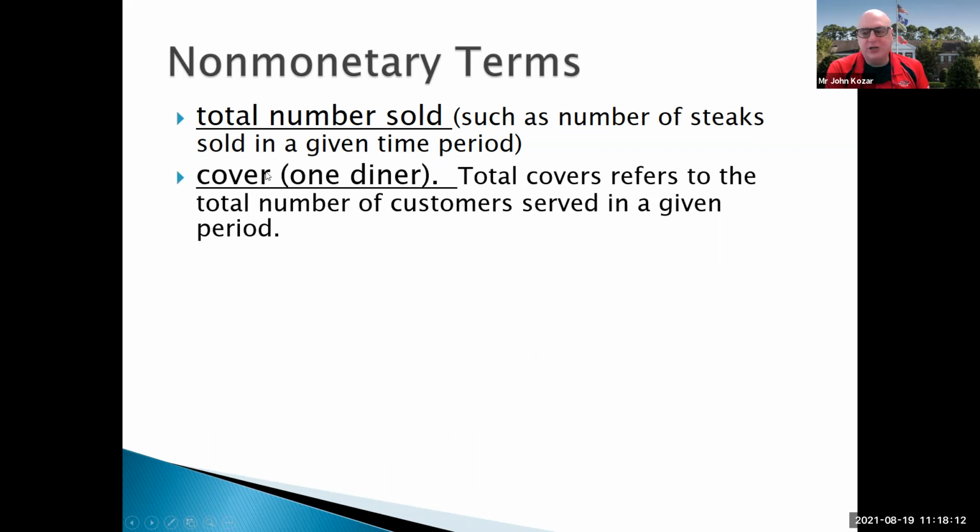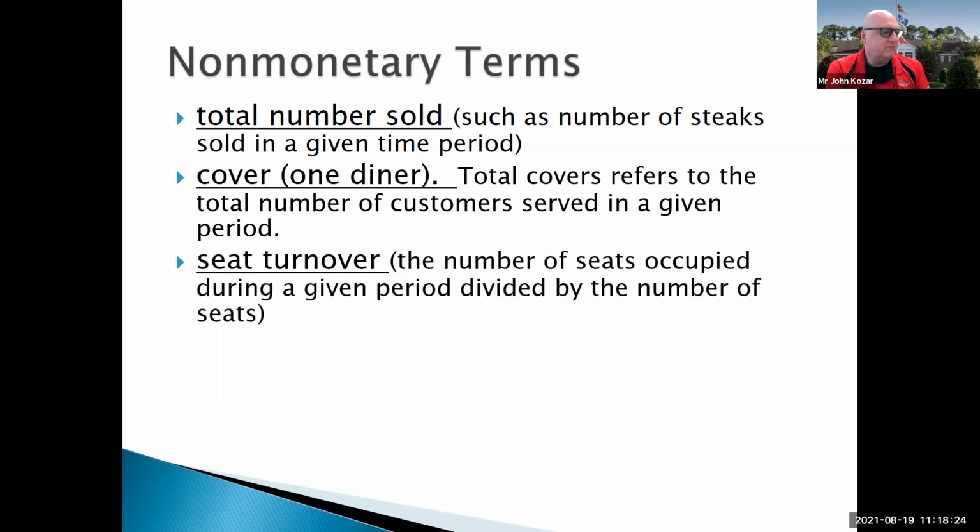Definition: a cover is one diner or guest, and total covers refers to the total number of customers served in a given period. You can use that number of total covers to calculate your seat turnover. Some restaurants have a high turnover.